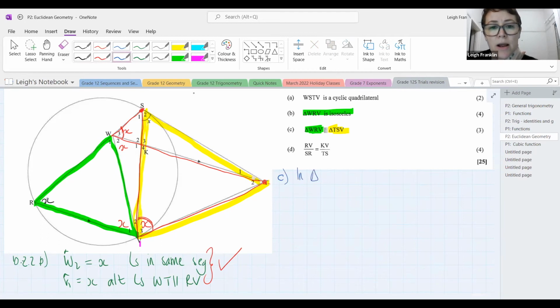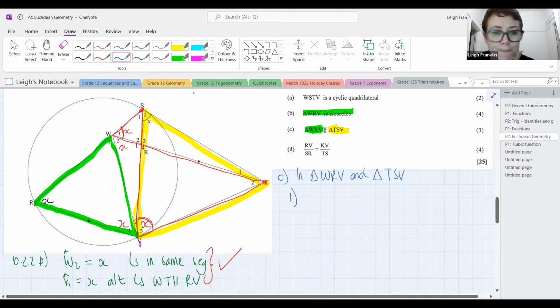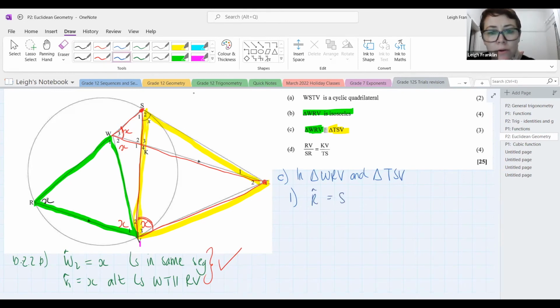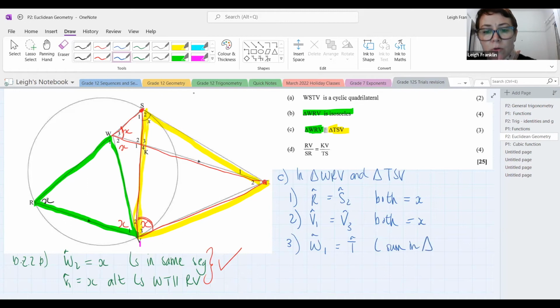Okay, so in triangle WRV and triangle TSV, point number 1, angle R is equal to angle S2, both equal X. Point 2, angle V1 is equal to angle V3, both equal X. And number 3, W1 must be equal to the whole of angle T, angles sum in a triangle or remaining angles of a triangle.